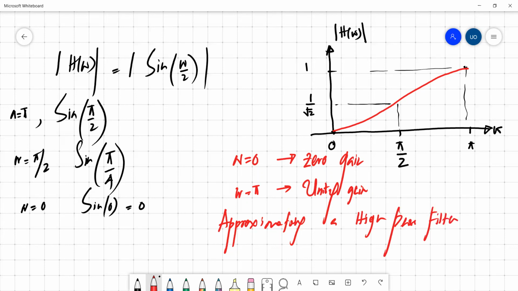It basically passes the high frequencies, because once you map the real frequency domain to 0 to pi, all the low frequencies appear here, and the high frequencies appear close to pi. So by looking at the magnitude response, we can simply claim that this is a kind of high pass filter.